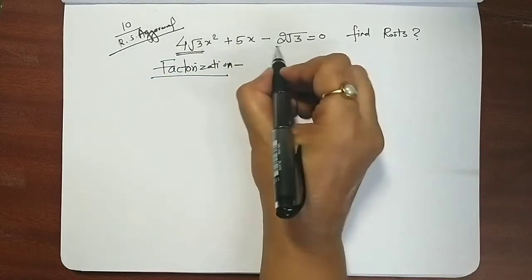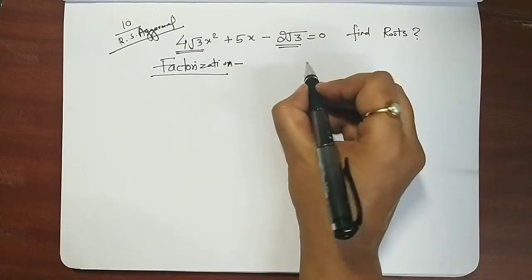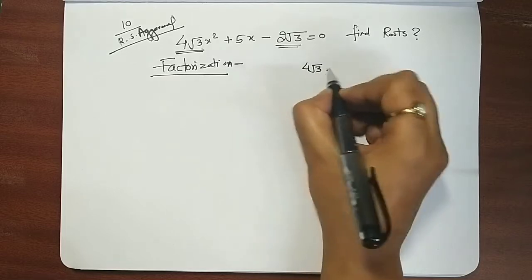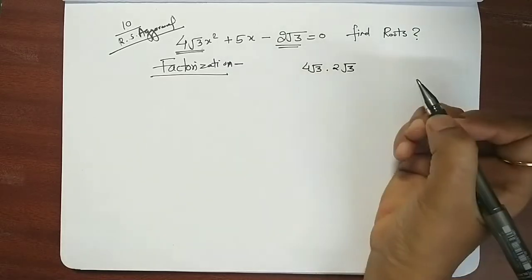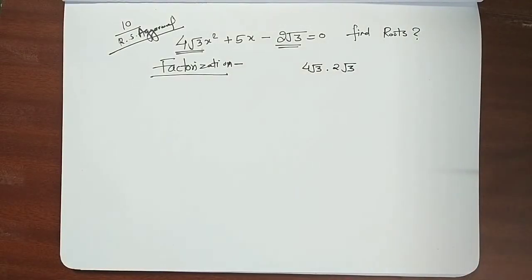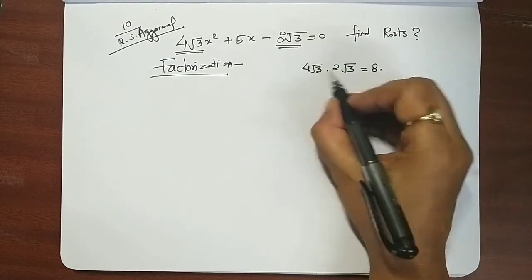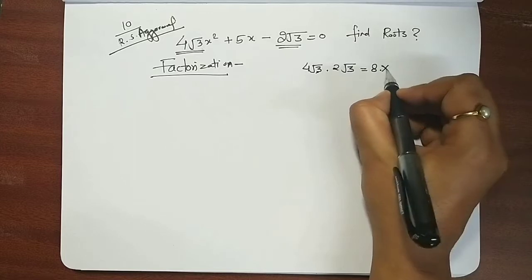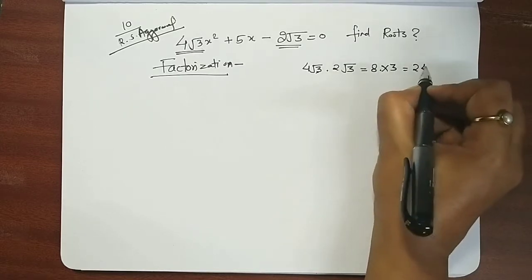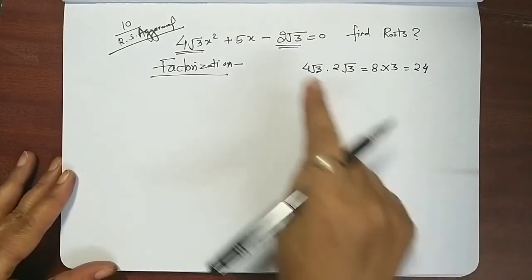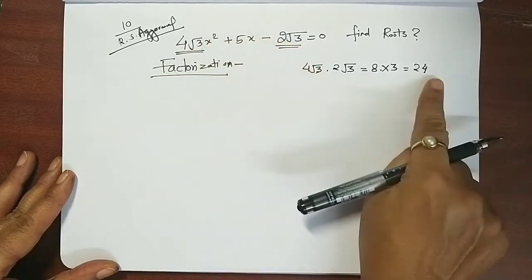So how do we factorize? Multiply the first and last term, which is 4 root 3 into root 3. If we multiply, 4 into 2 is 8 and root 3 into root 3 is 3, which is 24. The product of the first and last term is 24.